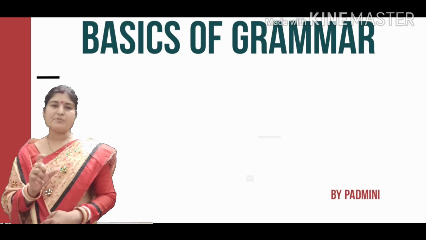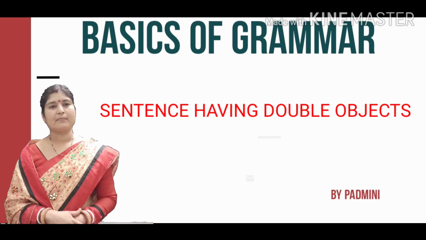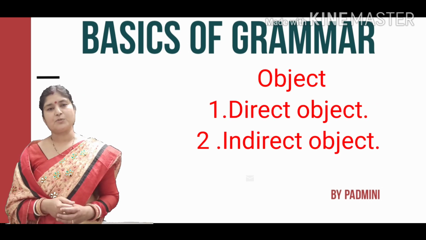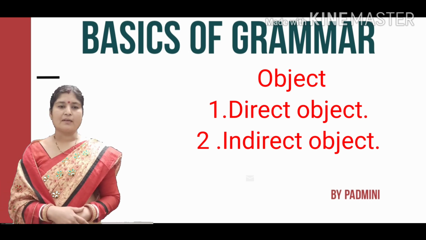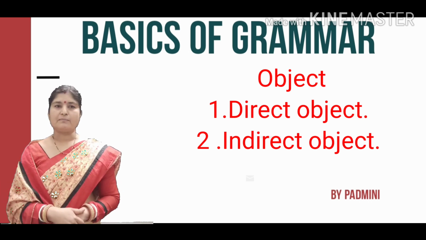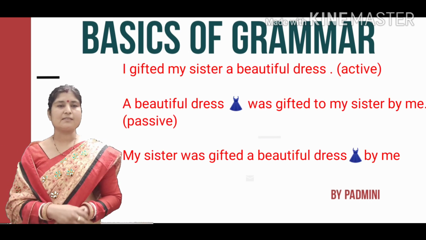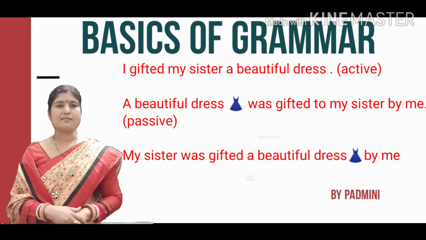Next, some sentences contain two objects. There are two types of objects: one is the direct object and the other is the indirect object. I am giving one example. I gifted my sister a beautiful dress.